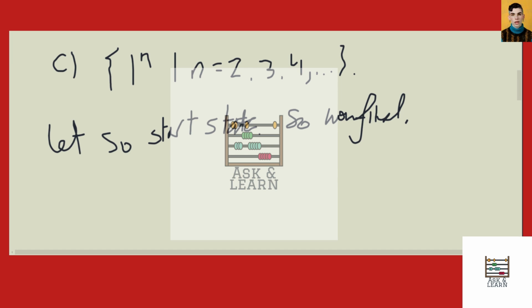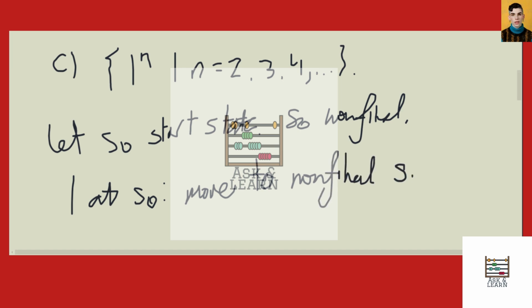And we see that if we have an input of 1 at S0, then we're going to move from S0 to another non-final state, S1. And if there is a 1 at S1, this string should be recognized because it's going to be 1, 1.